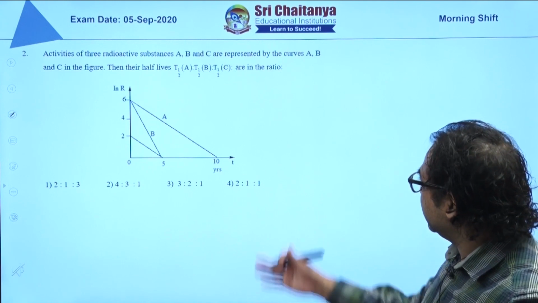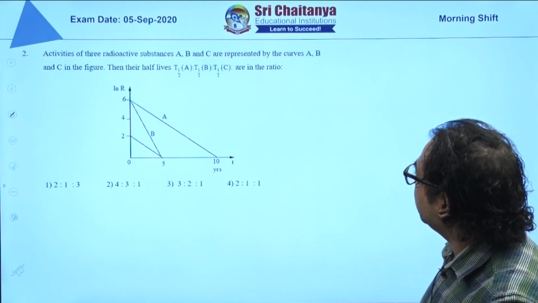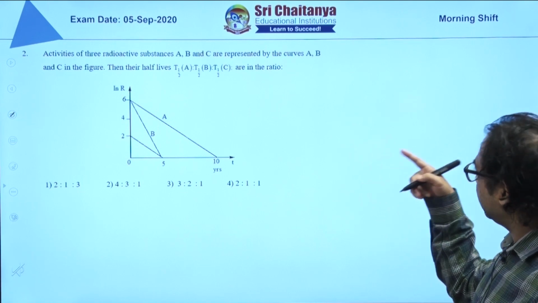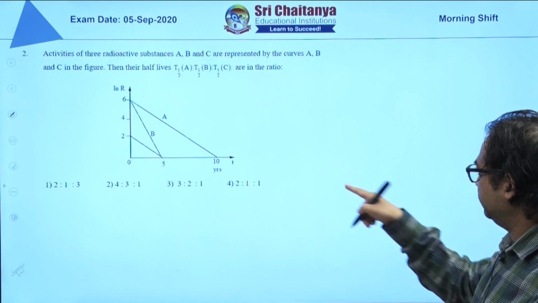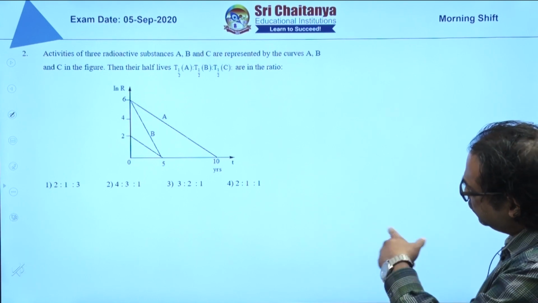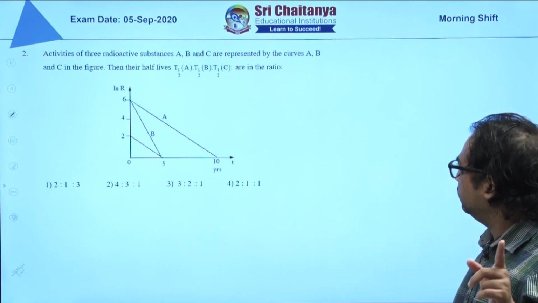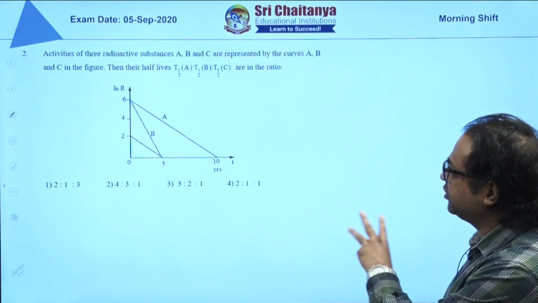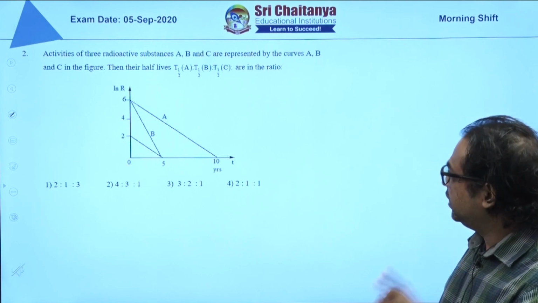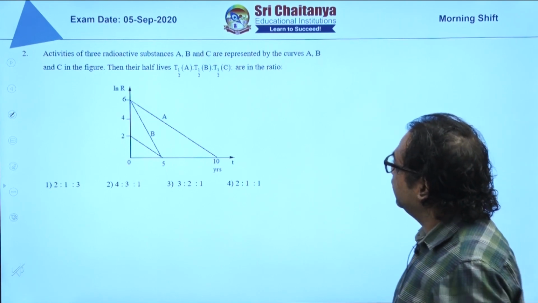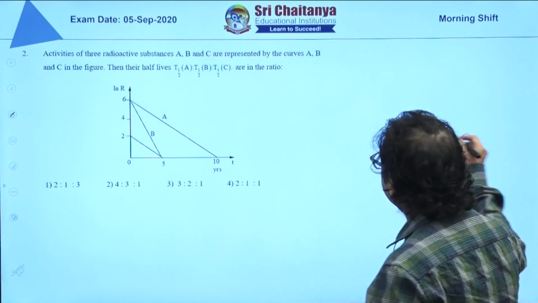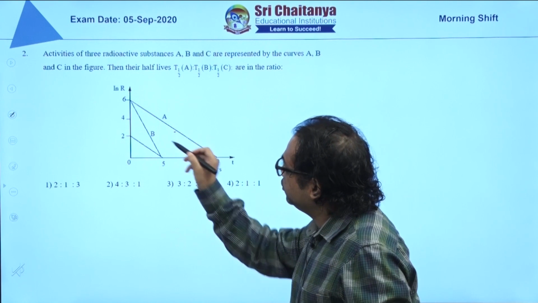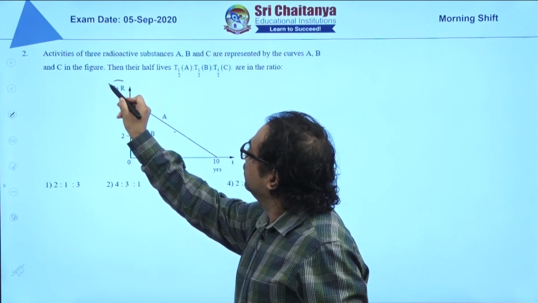Here we have a second question. You can see the activity of 3 radioactive substances is given as a curve. Here we have to find the ratio of the half-life period of the 3 substances A, B, C. Here we can see the graph is a straight line, but you should see here properly.